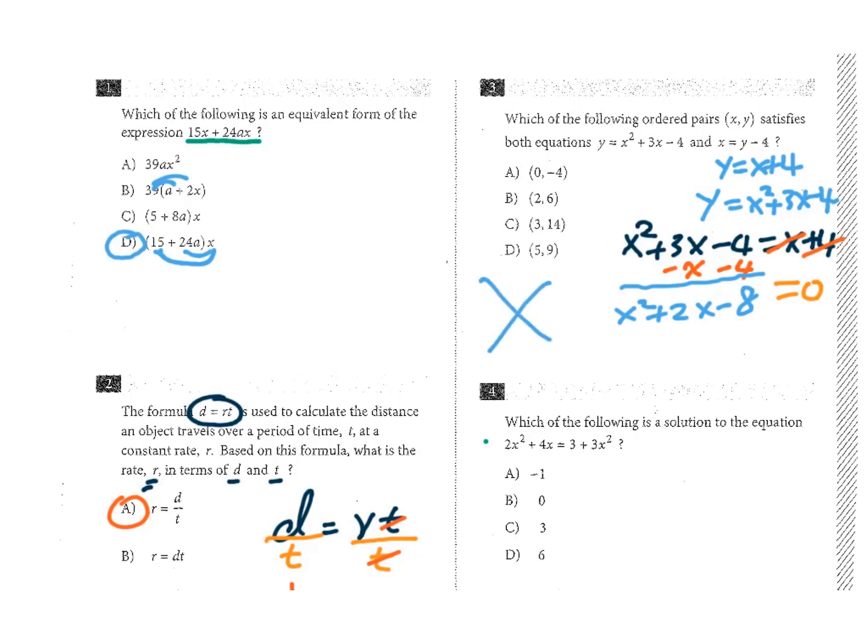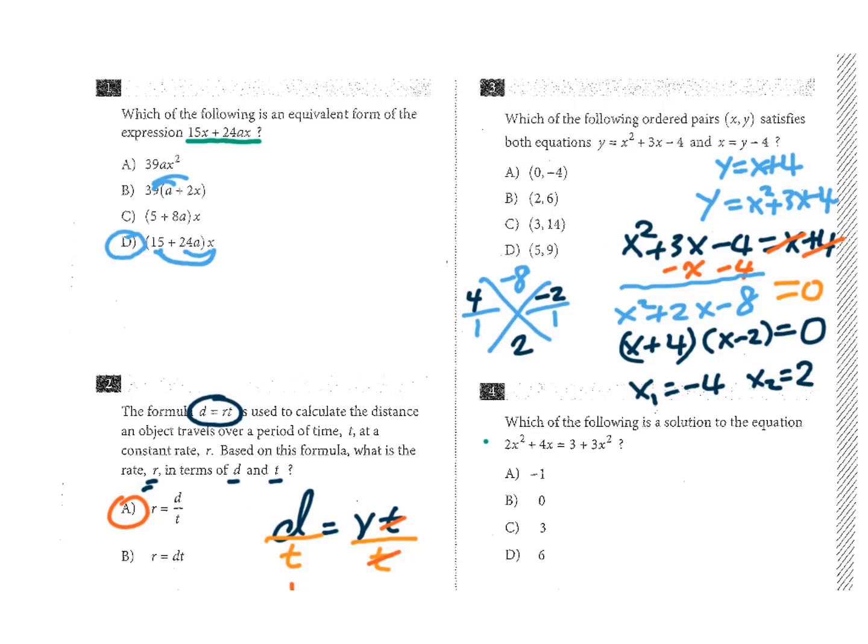Then you do x factoring. You've got 1, 1, and here's -8, 2. I got 4, -2. So (x plus 4) times (x minus 2) equals 0. Therefore, your x1 equals -4, x2 equals 2. Then you plug in to get y. y equals 2 plus 4 equals 6.